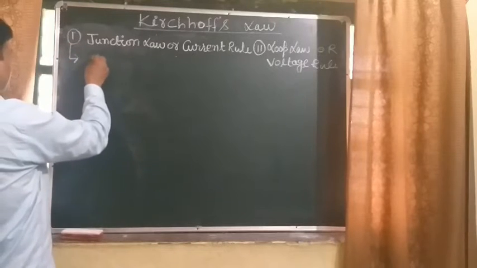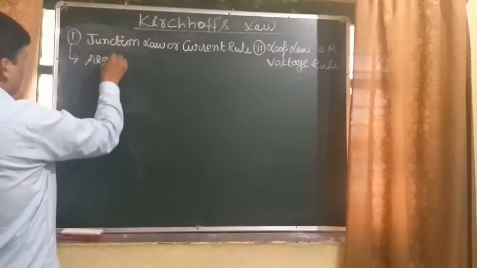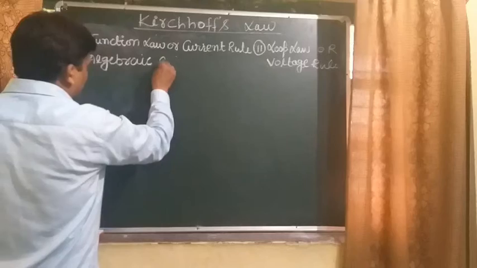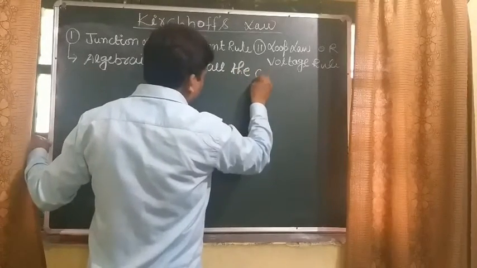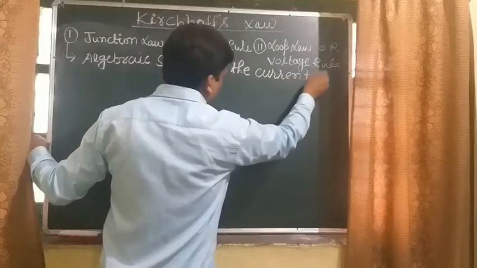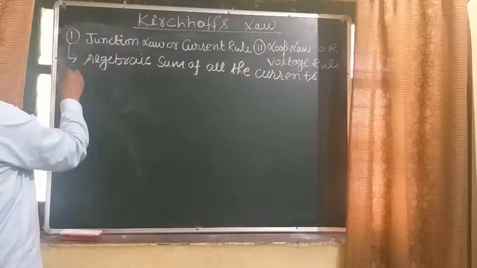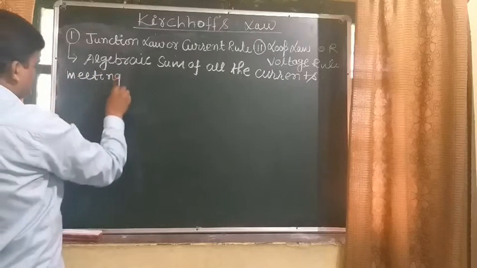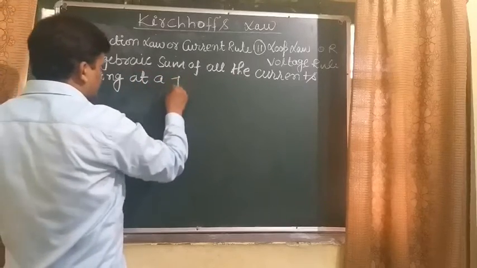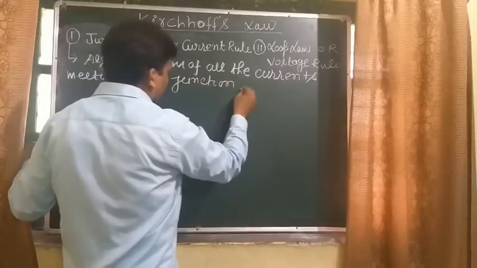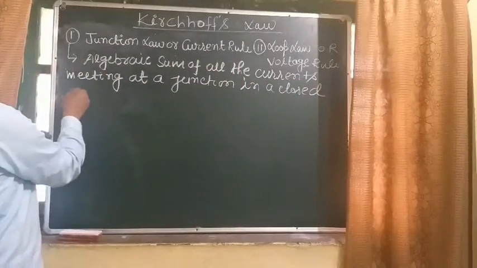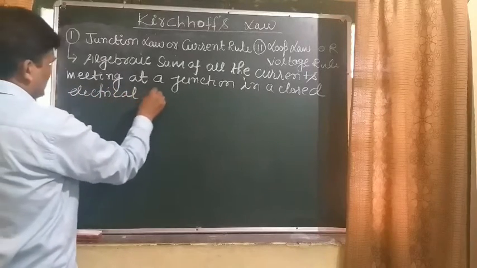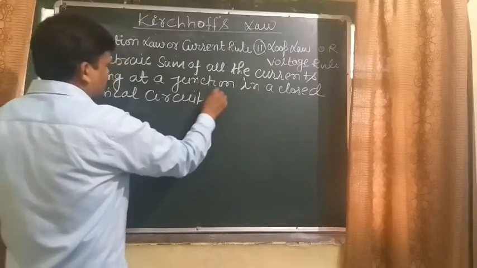So the statement of junction law, now I am going to write on the board, and it is stated as: algebraic sum of all the currents meeting at a junction in a closed electrical circuit is 0.